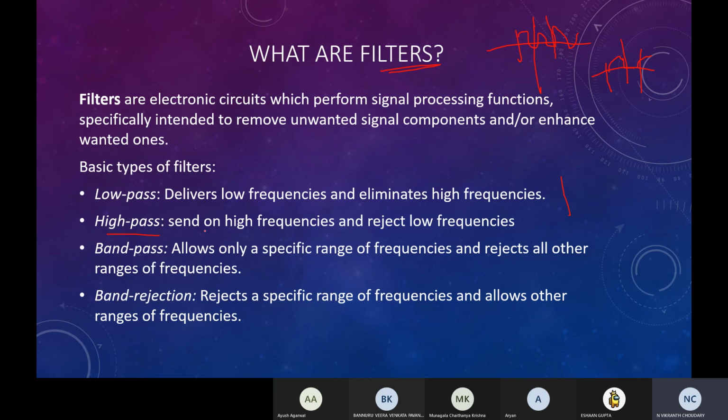They allow high frequencies, and they stop all the low frequency ranges. And band pass filters allow only the specific frequency range from f1 to f2, and they reject all the other frequency ranges. And band rejection is opposite to band pass. They reject from f1 to f2 and allow all the other ranges.